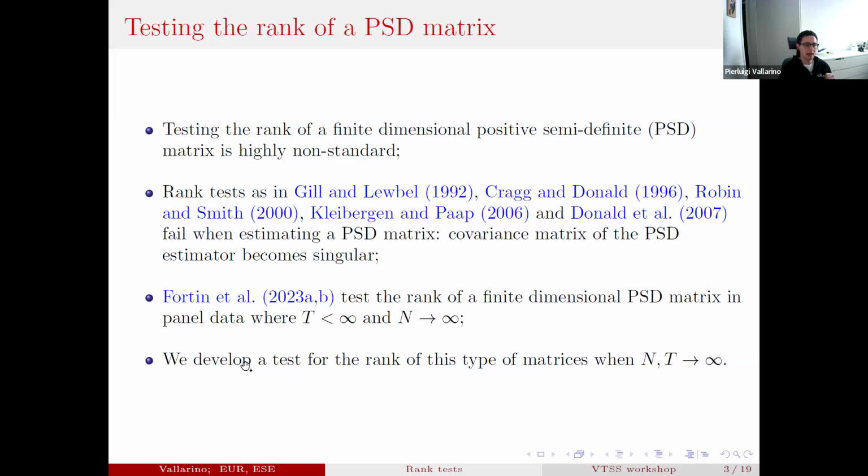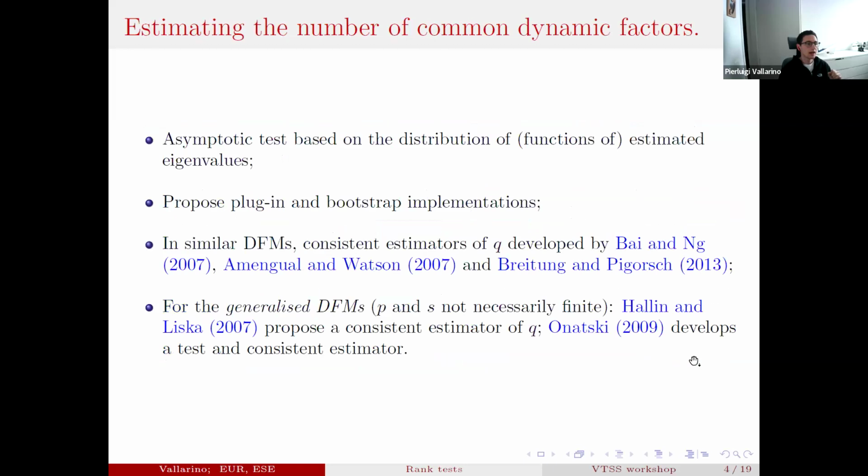On the other hand, we develop a test for the rank of this type of matrices in large panel data, so panel data where both dimensions are jointly diverging. The test is based on the asymptotic distribution of functions of estimated eigenvalues of the covariance matrix of interest, and we propose both a plug-in and a bootstrap implementation.